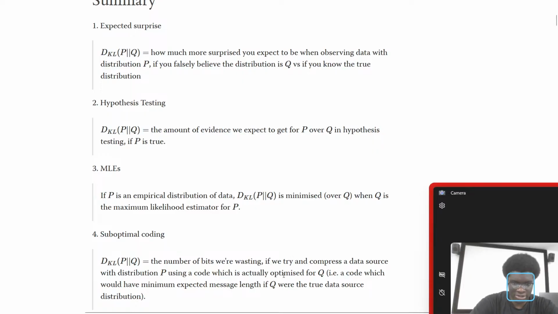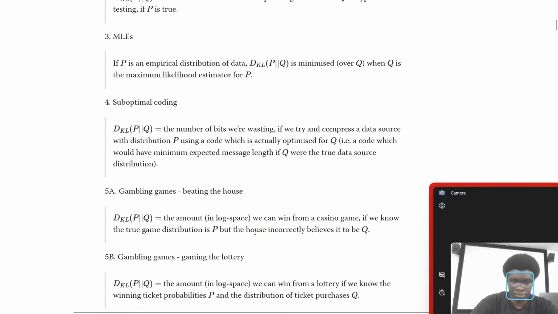Then it makes sense that if it's optimized for Q but you're actually sending with distribution P, you're going to be surprised some of the time, and that surprise is equivalent to using longer bit symbols where you could have used shorter ones if you had used the optimal code for P. Okay, I guess that makes sense.